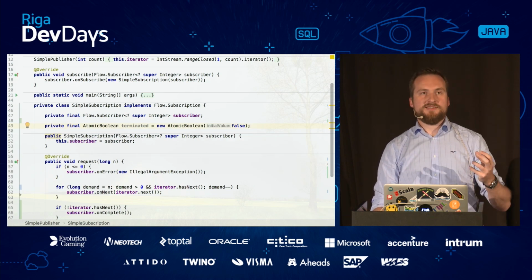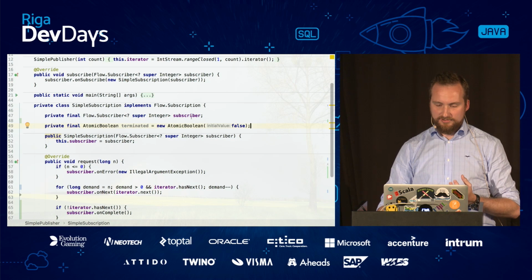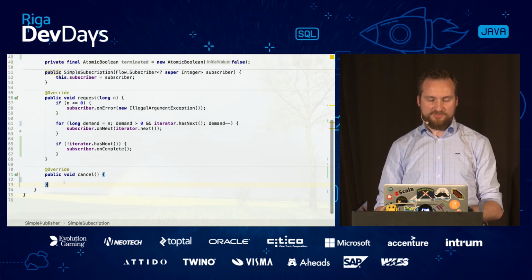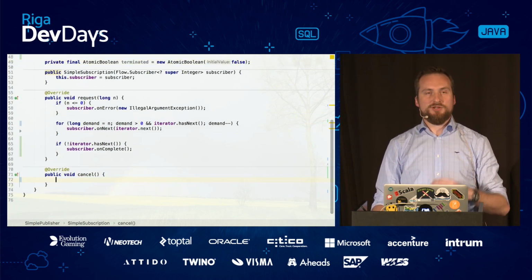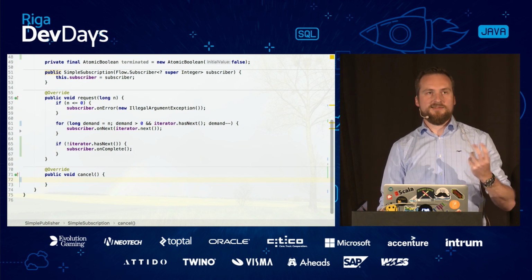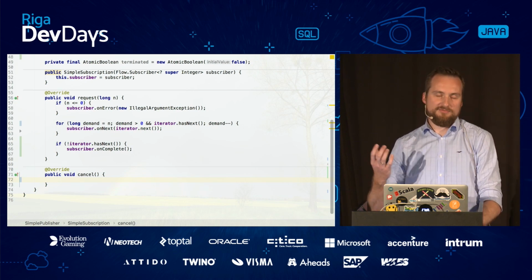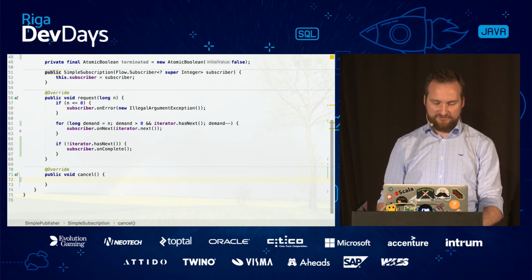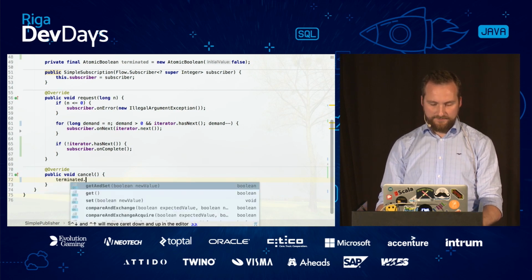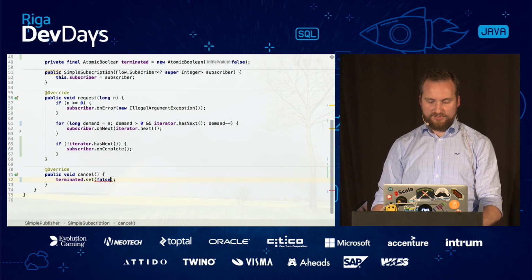So now there are several places where we need to use it. Well, the first and the most obvious one is perhaps the cancel method. So when we receive the cancel signal, we need to set the terminated flag to true, so that we store the fact that we have been terminated, so we call set.